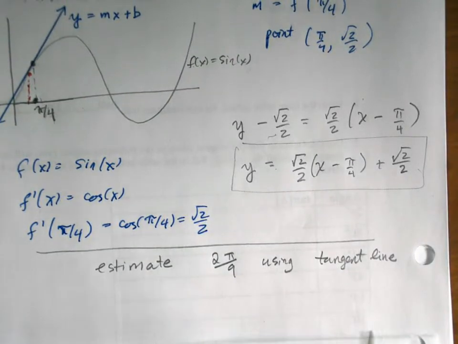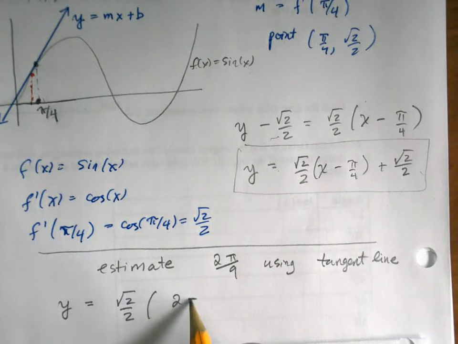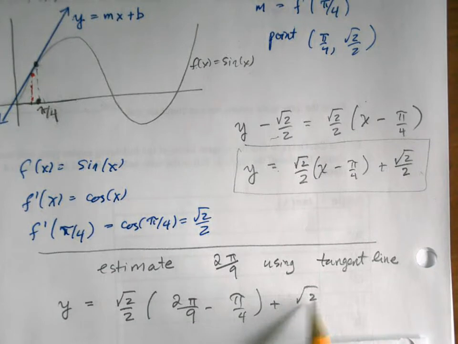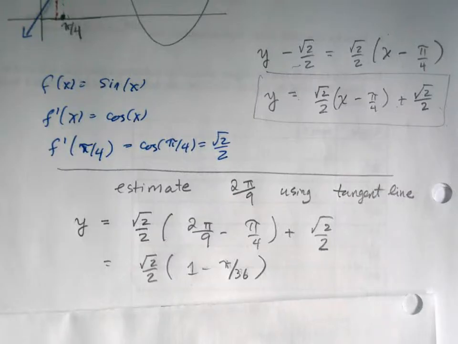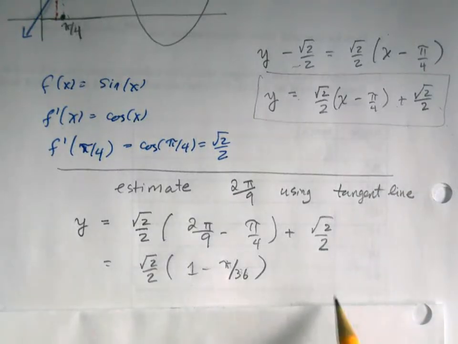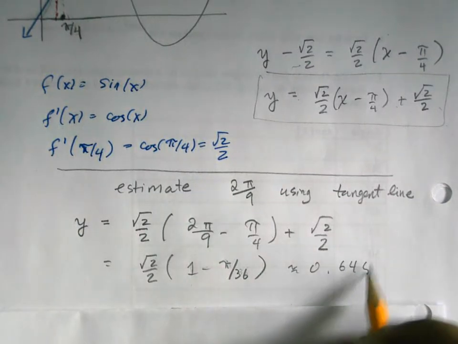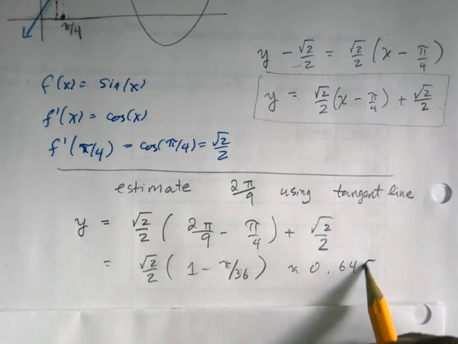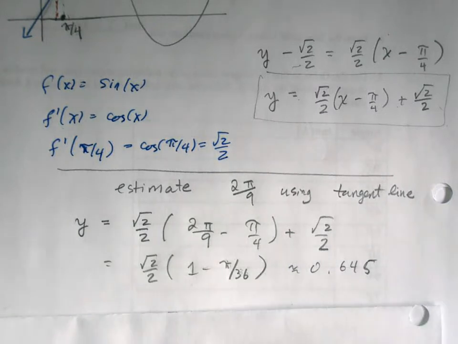So let's estimate at 2 pi over 9. y is equal to root 2 over 2 times 2 pi over 9 minus pi over 4, plus root 2 over 2. So all the calculations are done, and this comes out to about 0.645.